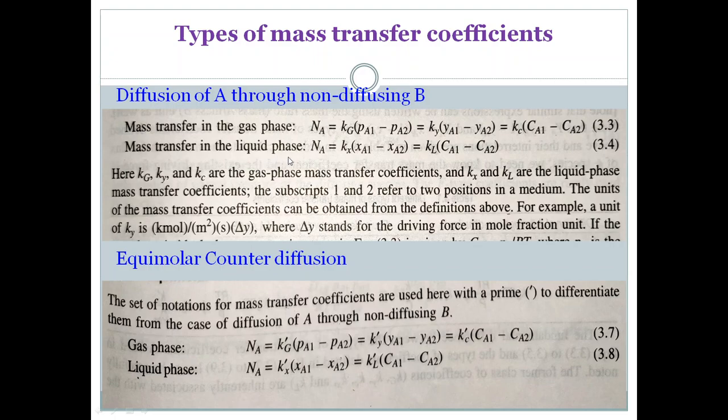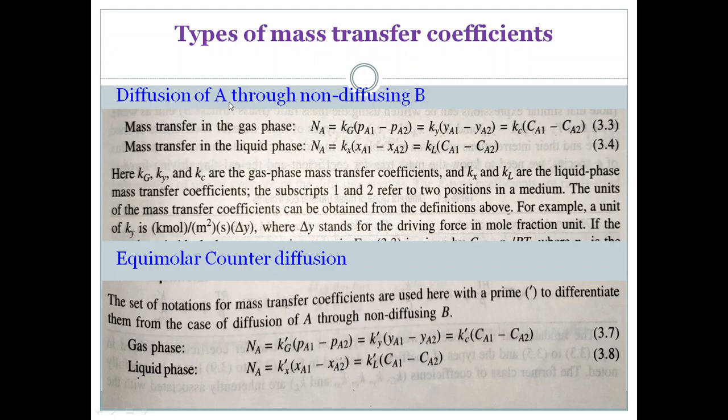Mass transfer in liquid phase: when the driving force is mole fraction, in case of gas phase we took the convention yA, in this case xA1 minus xA2 corresponds to kx, and concentration in liquid phase, CA1 minus CA2, that is kL.